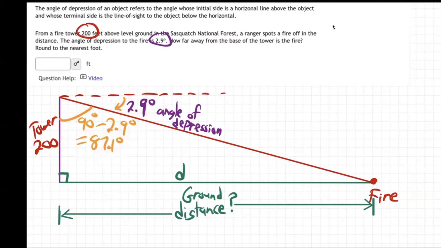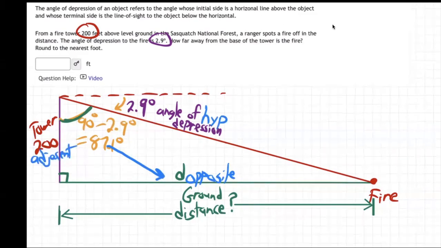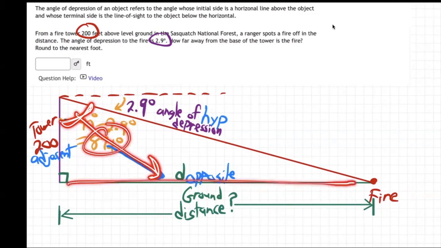Okay. So now we know that this angle right here is 87.1. This side is opposite from that angle, this is the hypotenuse, and this must be the adjacent side. See how I'm coming up with that? From this angle of 87.1, this side is opposite.